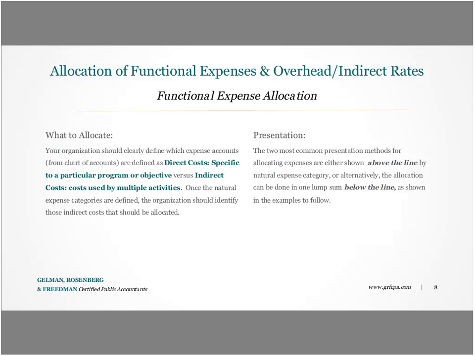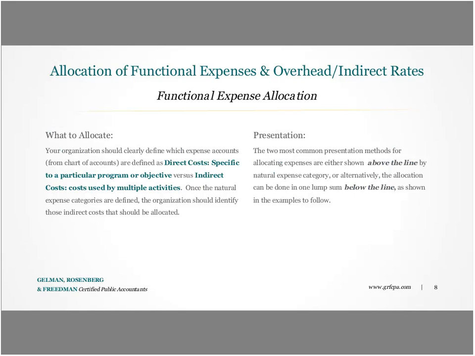So one of the first steps for creating this functional expense plan is for your organization to clearly define and really document the different components. First, what are our natural expense categories that we want to present? Ideally, this is going to follow somewhat close to your chart of accounts.